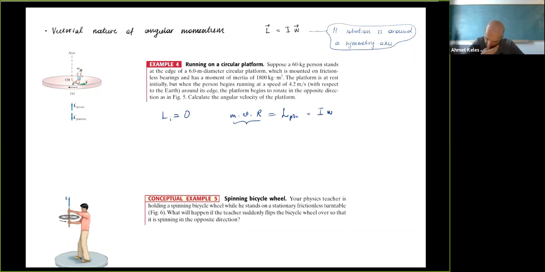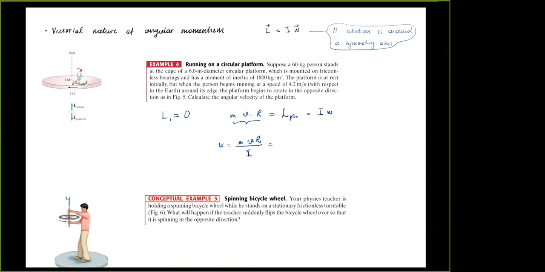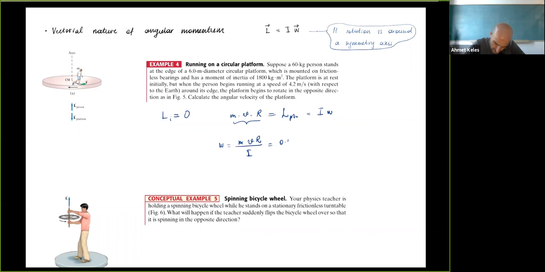So L is I omega. To calculate the angular velocity of the platform, omega is equal to mvr divided by I. So we can put the numbers in: 0.42 radian per second. And L platform points down.